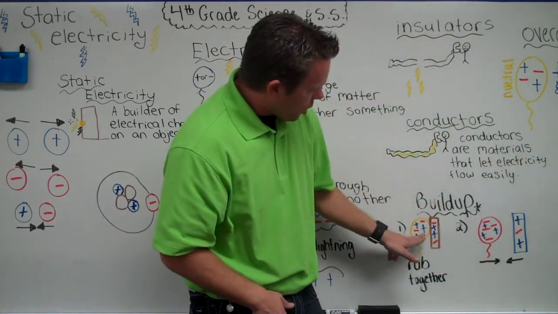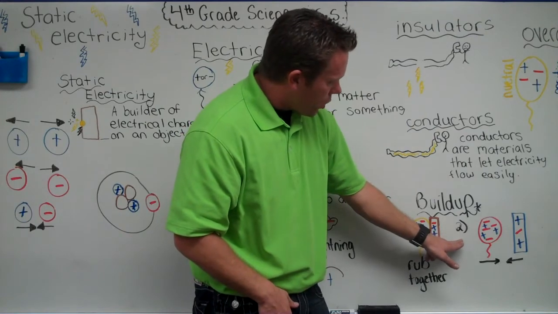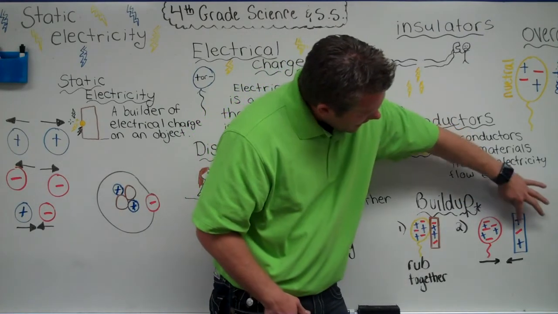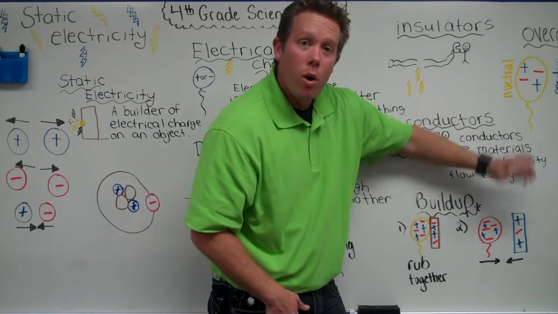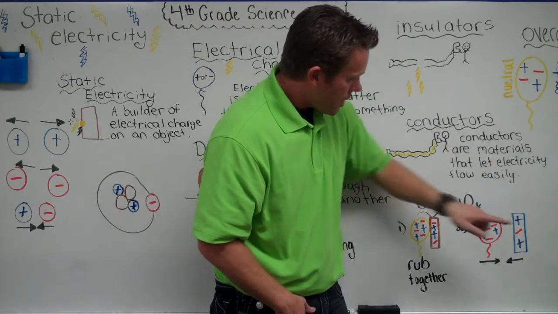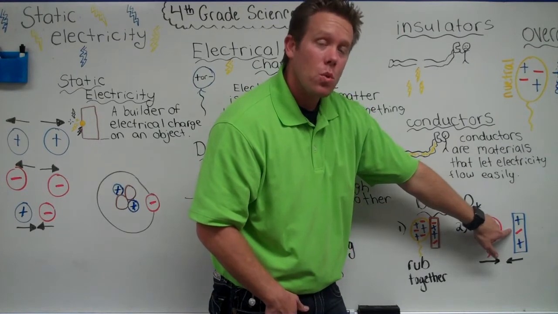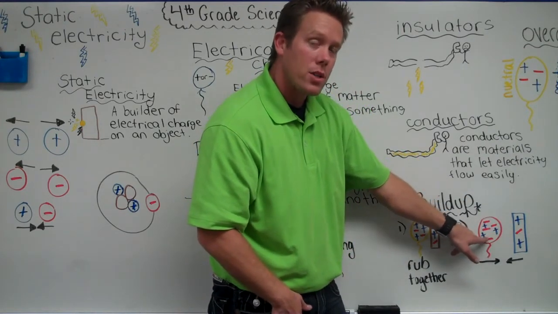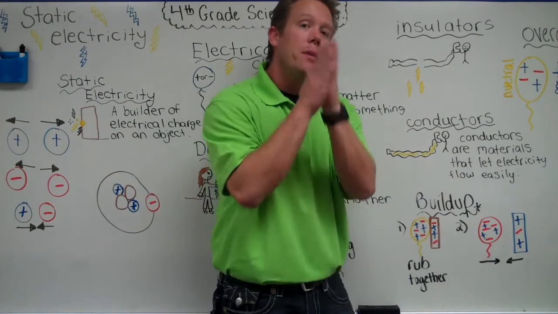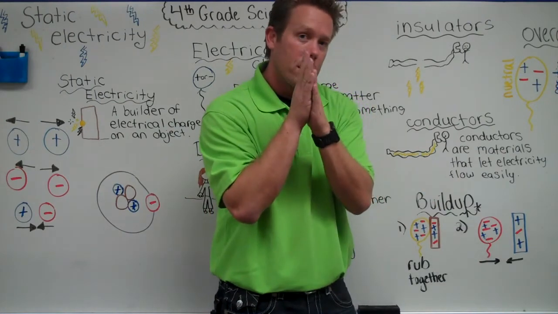You can see here in step number 2, an electrical charge, an electron, has come over to the balloon. So the wool cloth has lost 1 electrical charge. That electrical charge has now gone to the balloon. This happened because of the rubbing together.